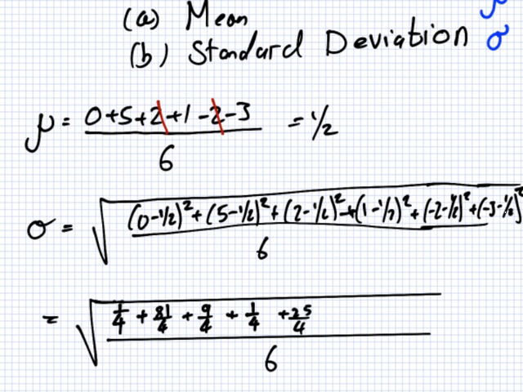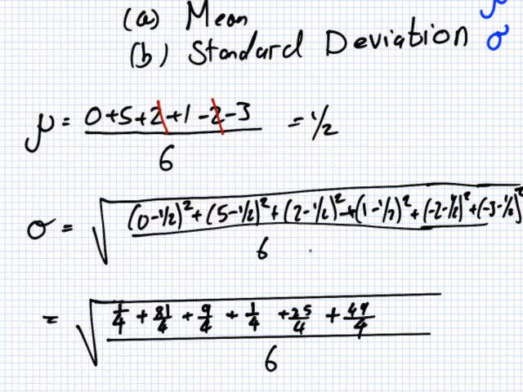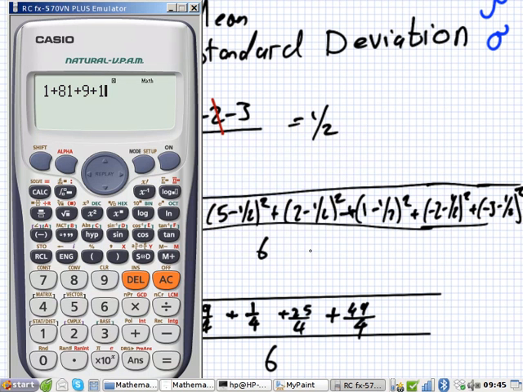And then minus 3 minus a half is minus 7 over 2, which is plus 49 over 4. So I need to add these all up, 166 over 4, over 6, and then square root the answer. 2.63.